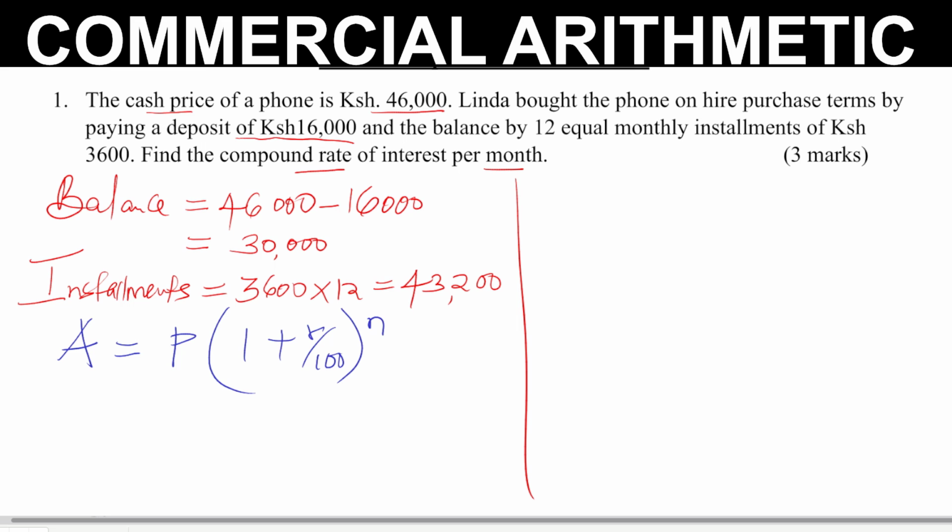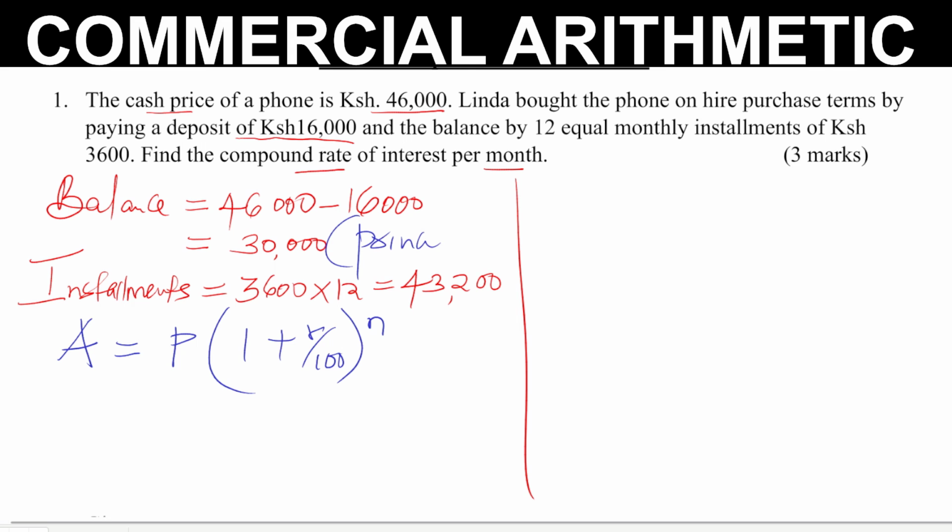For the figures that we already have, after Linda paid a deposit of 16,000, she was left with paying a balance of 30,000. So 30,000 becomes the principal.